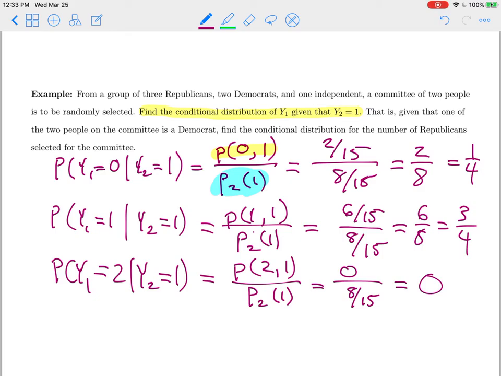And so that gives us our conditional distribution of y1, given that y2 is equal to 1.